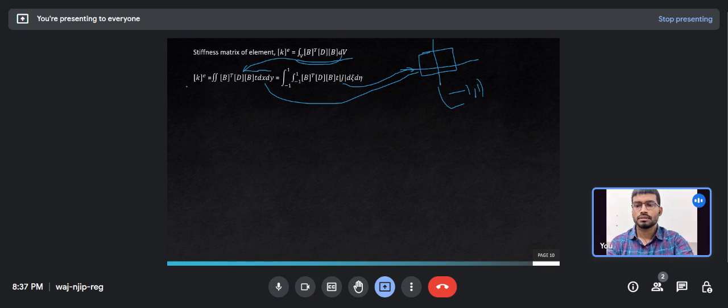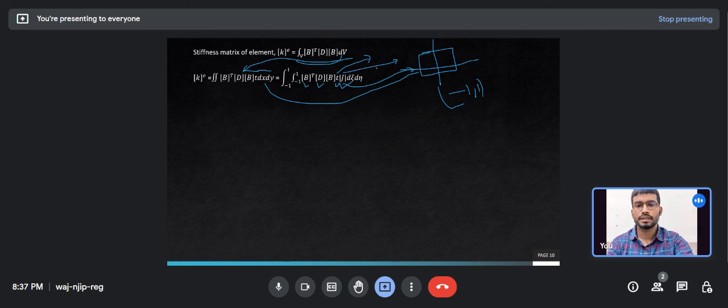And for the calculation of this stiffness matrix, we need B, D, J and t. For this problem, we can consider unit thickness unless the thickness is mentioned. This Jacobian matrix we have already calculated.